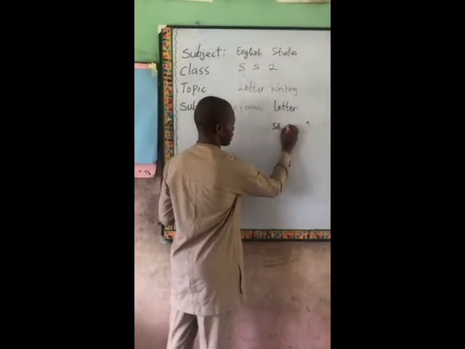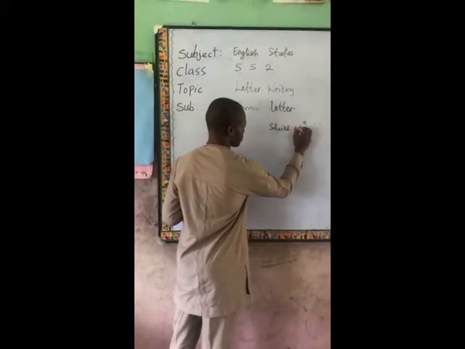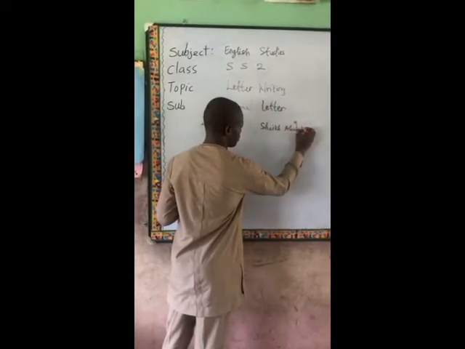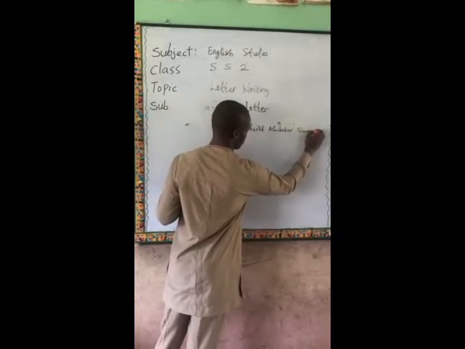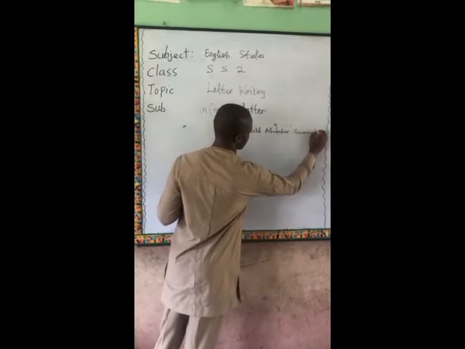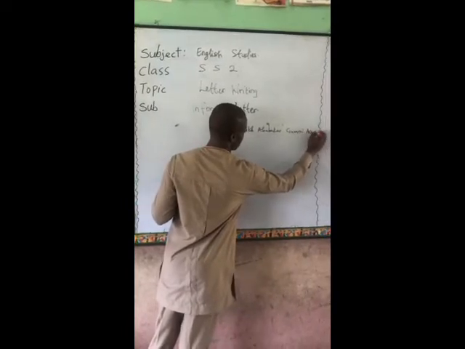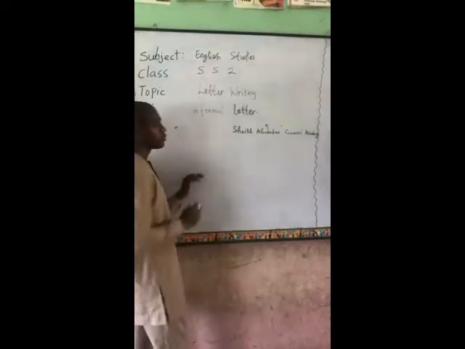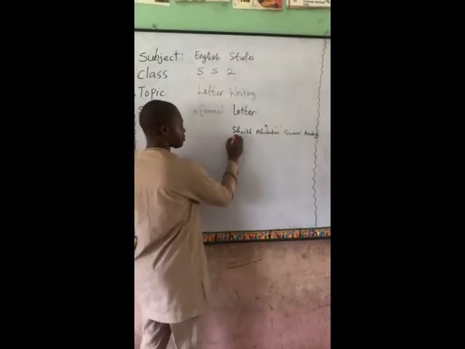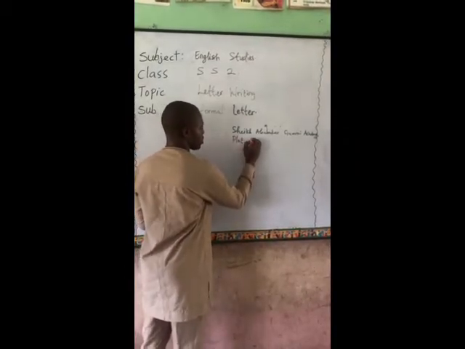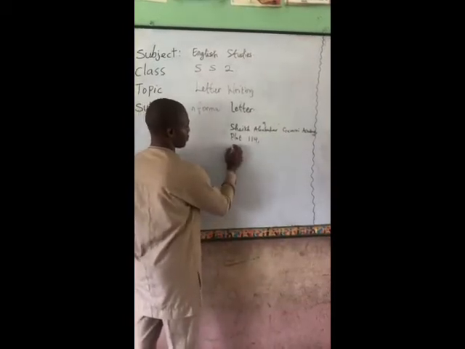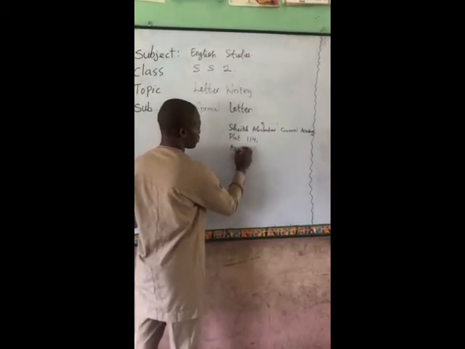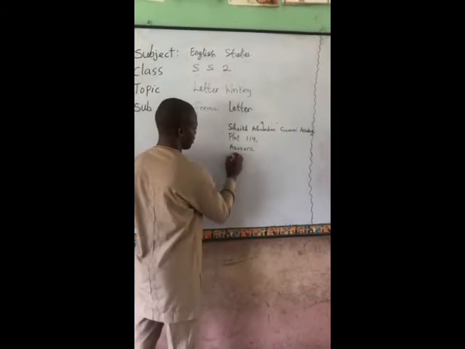And let's look at this. Sheikh Abubakar Gumi Academy, plot 114, Asokoro, Abuja.